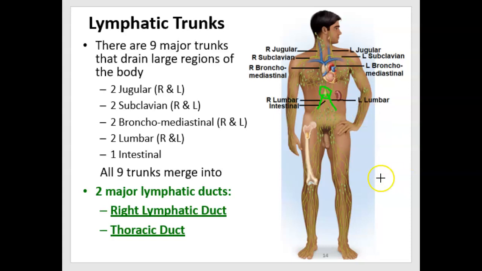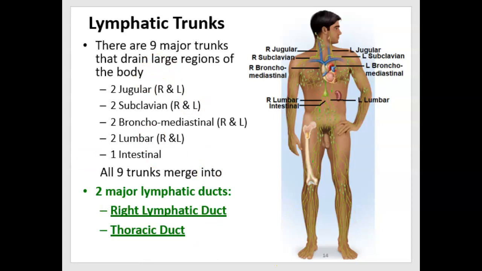That sac is called the cisterna chyli, and it also accepts fluid from the intestinal trunk. So as fluid moves from the legs, it's going to enter probably that lumbar trunk and go into the cisterna chyli, which will continue into the mediastinal trunk and eventually reach the subclavian vein.